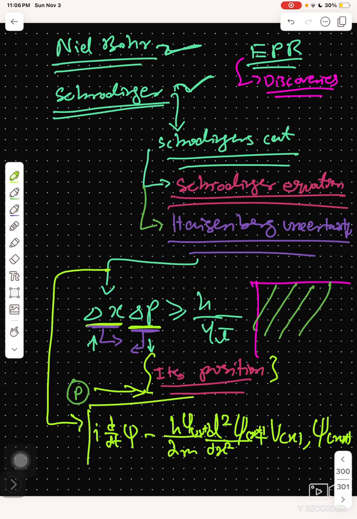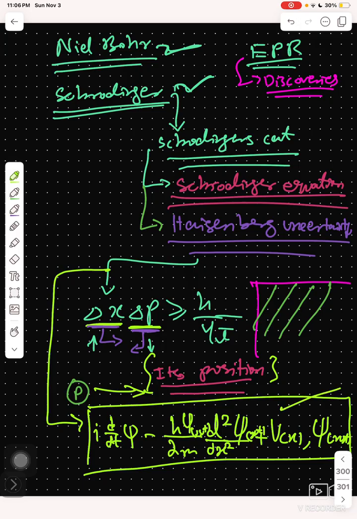This is the Schrodinger equation. I may be being rough on it, but this is the equation.